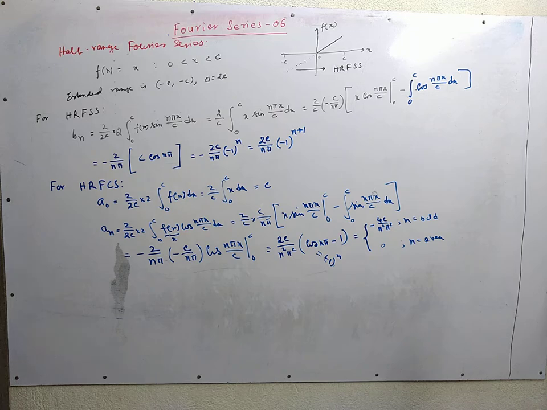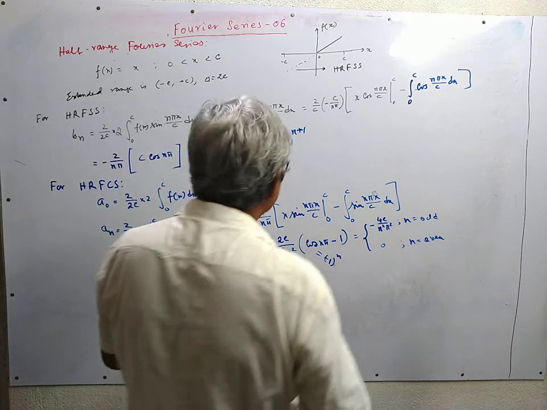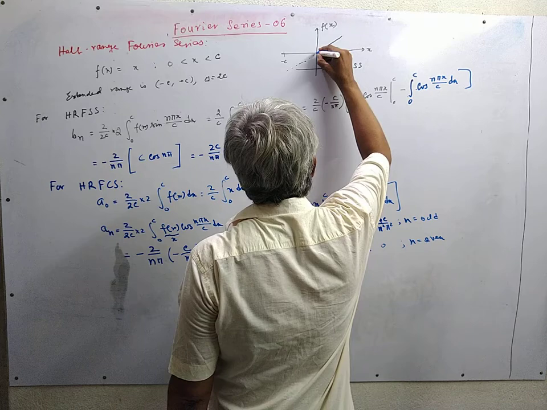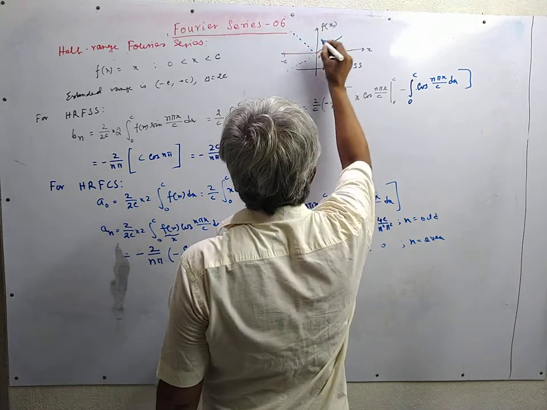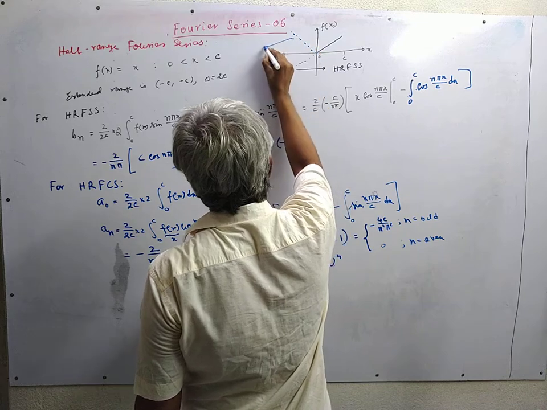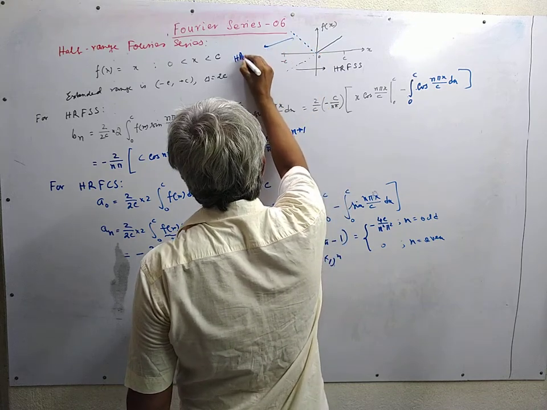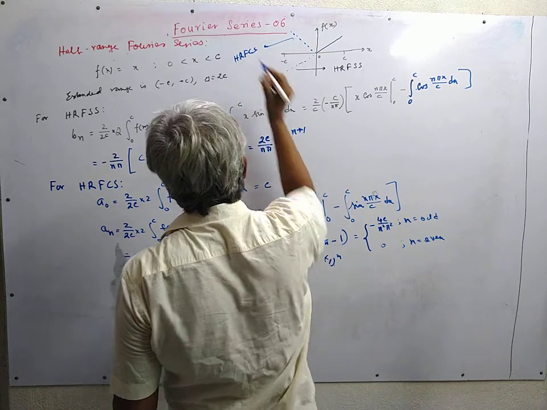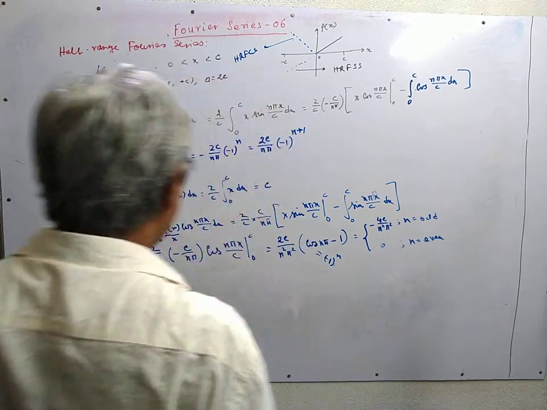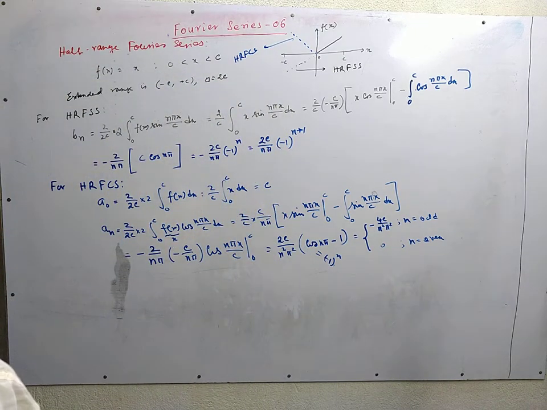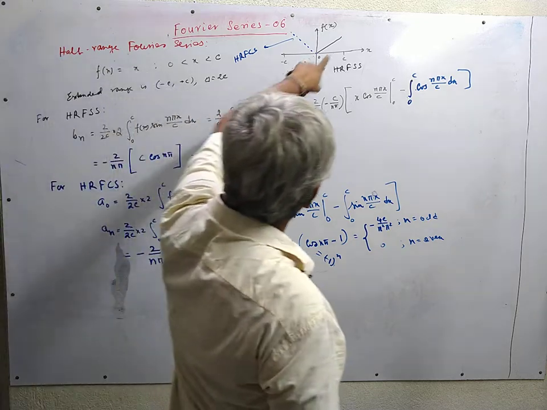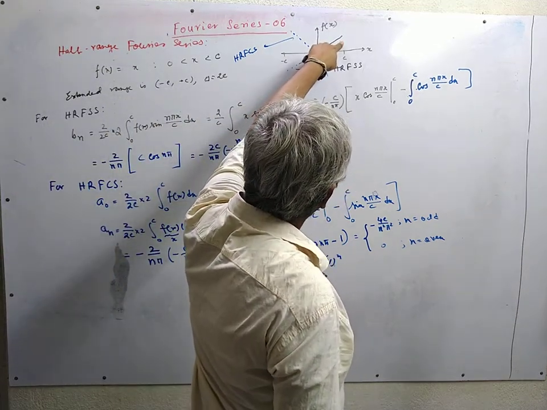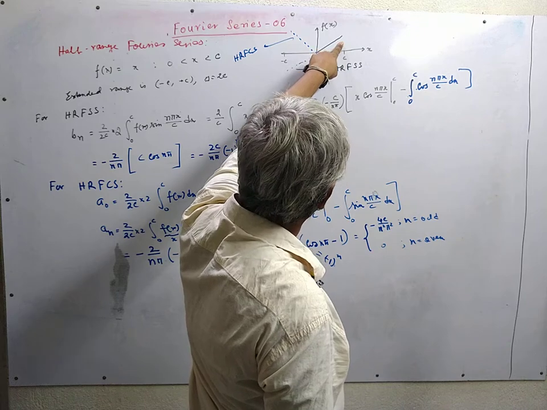Now, when we expand this function in Fourier cosine series, that is, we are going for this extension, half range Fourier cosine series. One thing you see is that the Fourier sine series has the discontinuity at the ends, so it will give rise to Gibbs phenomena.